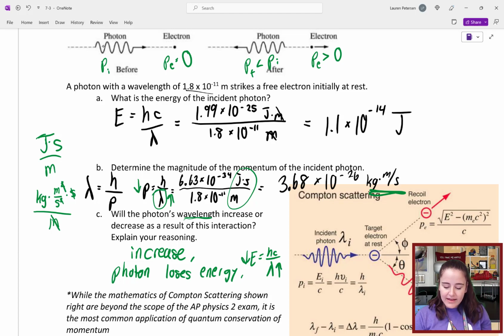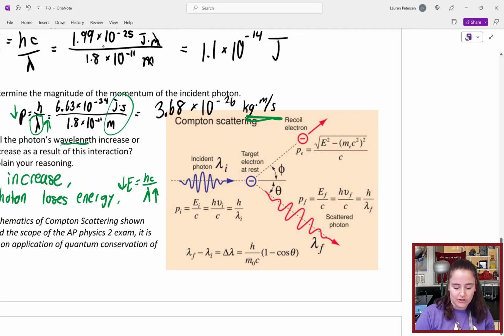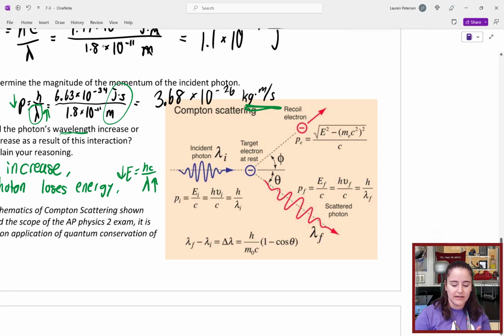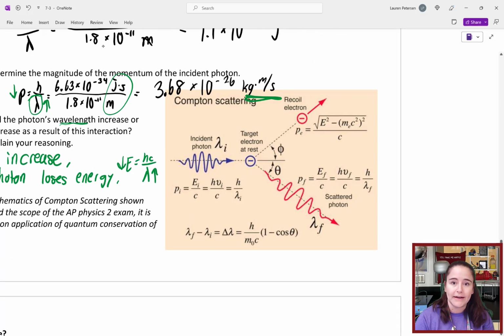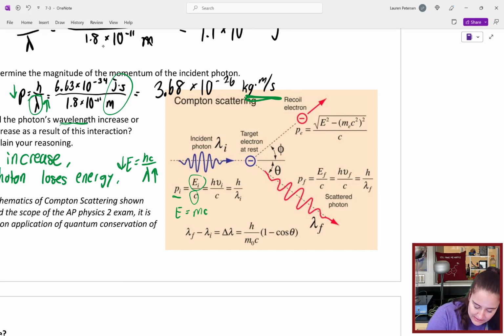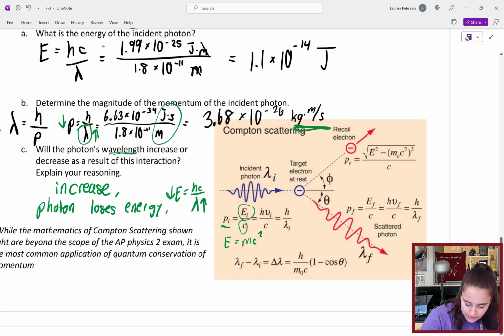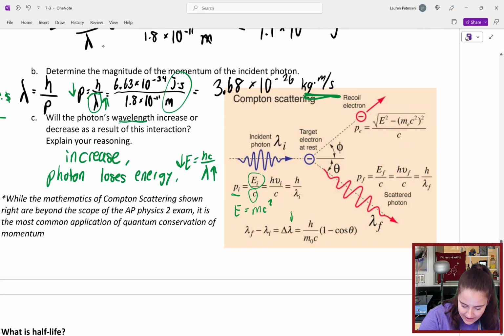Okay, cool. Now, I did want to show you the actual mathematics of this in case you're interested. This is something called Compton scattering. It comes up a lot in these types of problems, but actually isn't in the AP Physics 2 curriculum, so you don't really need to worry about these equations. But you can see how the photon's momentum is the energy divided by c. This comes from E equals mc squared. c is just a speed, and momentum is mass times velocity, so you can think of energy as momentum times c.